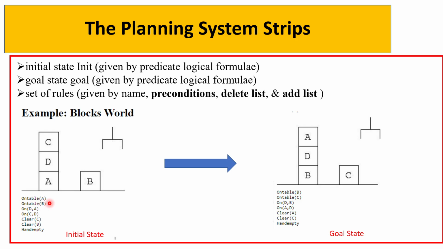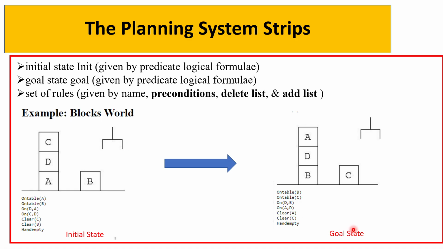On table B: yes, B is on the top of the table. On D comma A: yes, D is kept on top of A. On C comma D: yes, C is kept on top of D. Then clear B, since no block is placed on B, and no block is placed on C, so clear C and clear B, and hand is empty. This is the initial description.